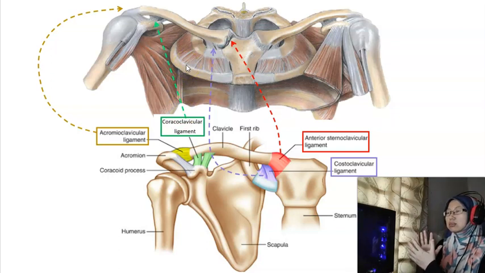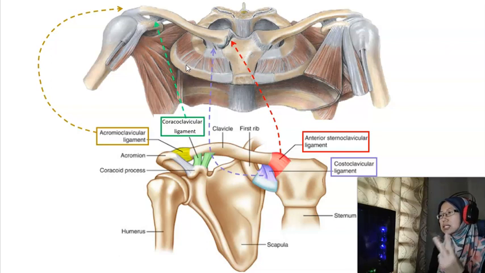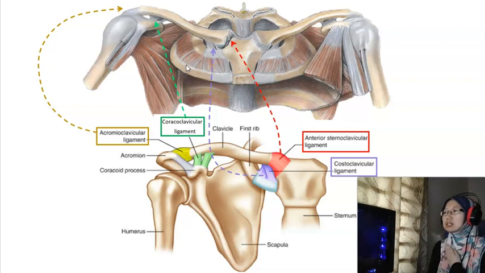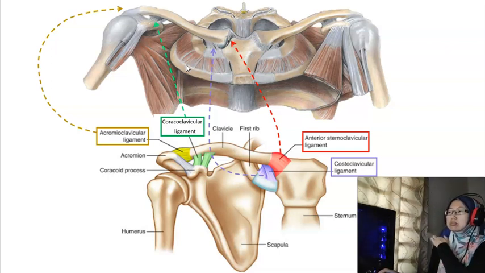Connect your pectoral girdle first. Pectoral girdle consists of clavicle and scapula. The ligaments that connect these two bones, your scapula and clavicle, are the one you remember, your acromion, the tip, from the first lecture.